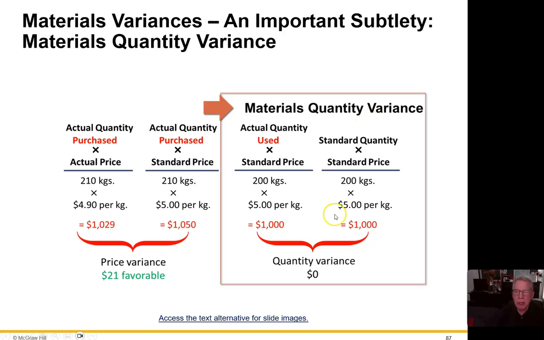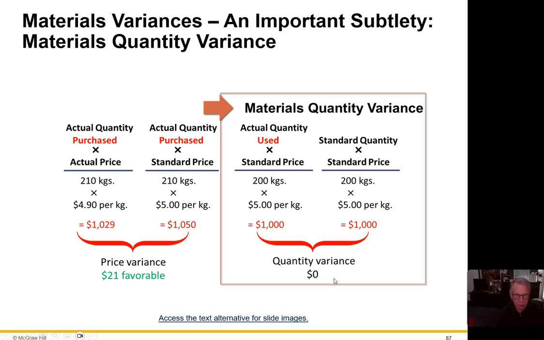As you can see, the price variance uses what we actually purchased. But the materials quantity variance is going to be based on what we actually used. We used 200 kilograms, and so our quantity variance is 0 in this case.